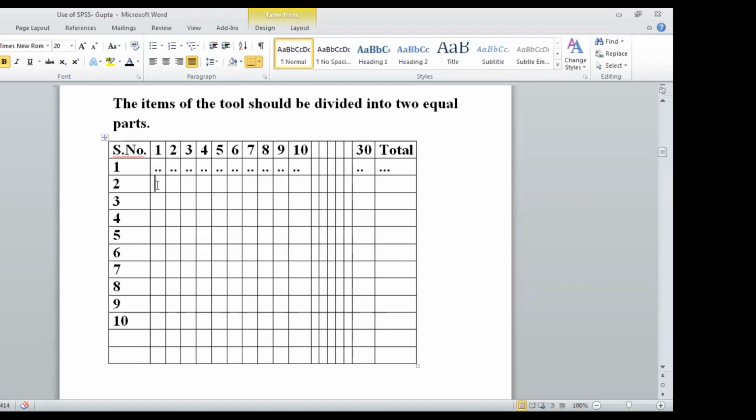Now, for the second person, the score on each item, and then you can find out the total score.